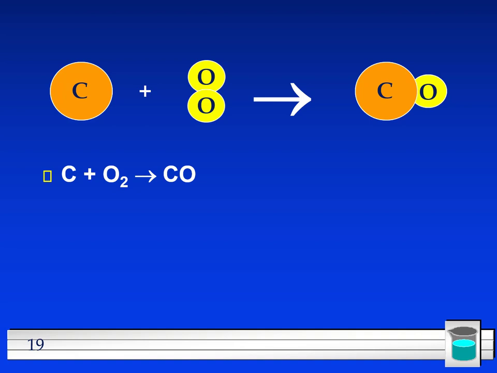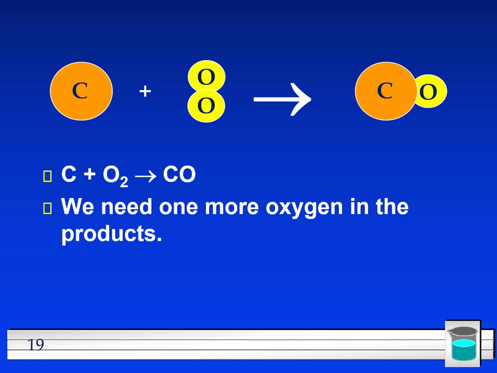Carbon plus oxygen makes carbon monoxide. Pictures, equation, same information. Is this balanced? Well, there's a carbon and a carbon, but there's two oxygens here and only one there. We need more oxygen in the products.